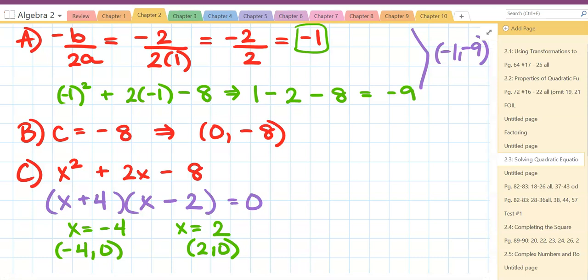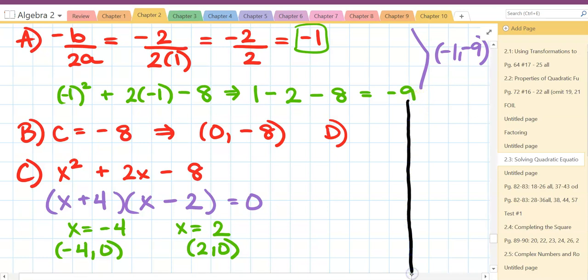All right, and then for part D, I'm going to graph it here. My zeros are at negative 4 and 2, so I'm going to draw those points in.